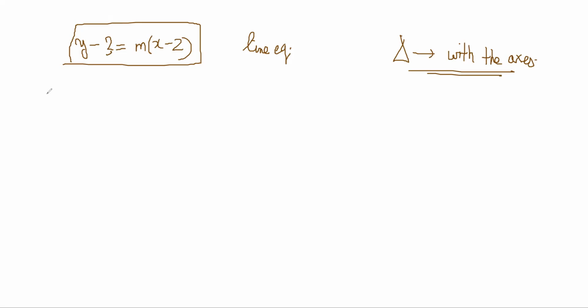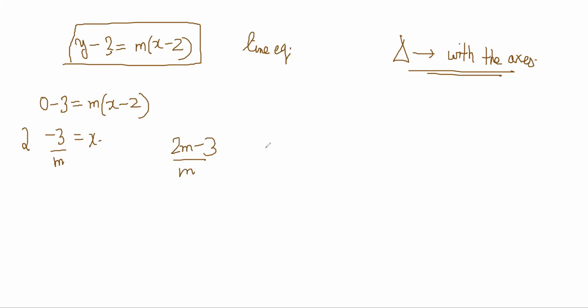Cuts the axis when y is 0: 0 minus 3 is equal to m into x minus 2. So x is 2 minus 3/m, that is (2m minus 3)/m.